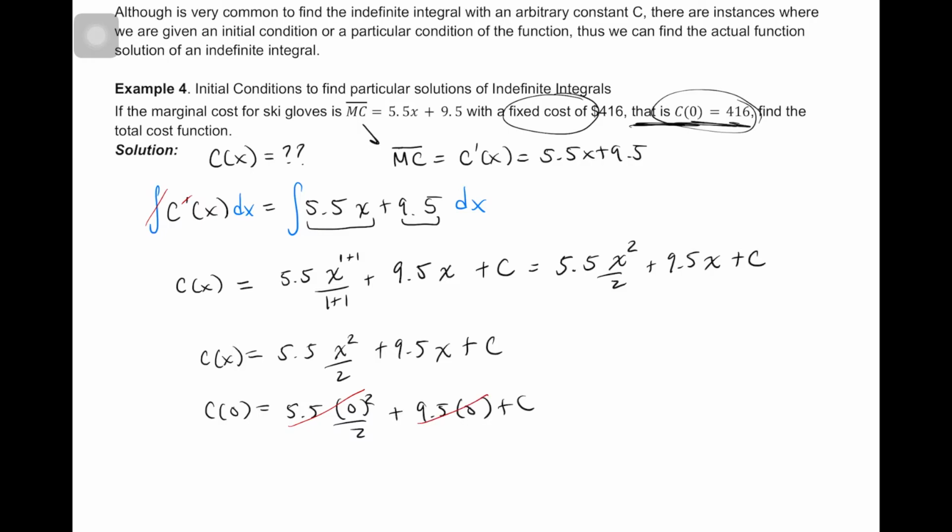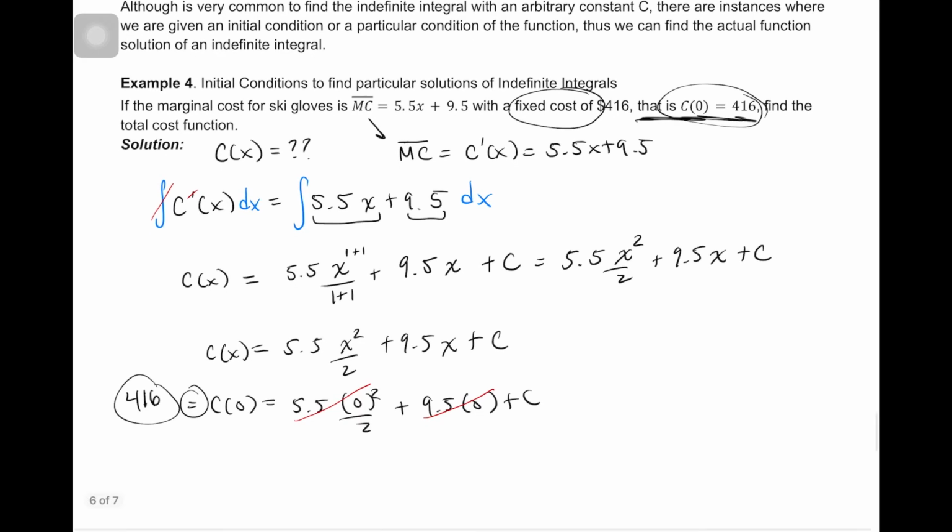And by the way, this is supposed to equal 416. So 416 is equal to 0 plus 0 plus C, in other words, 416 is equal to C.